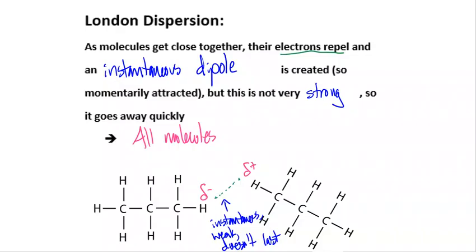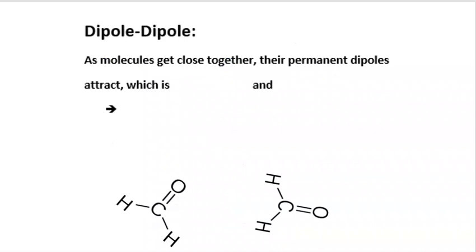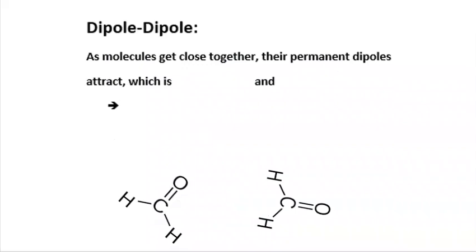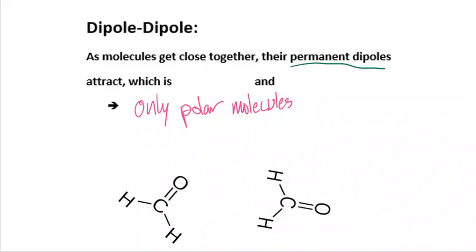So speaking of dipoles, let's go to the next type of intermolecular force, and that is dipole-dipole forces. Dipole-dipole forces occur when we have two molecules that both are polar. So we have only polar molecules. So what is a dipole-dipole force? Well, as these polar molecules get close together, their permanent dipoles attract.